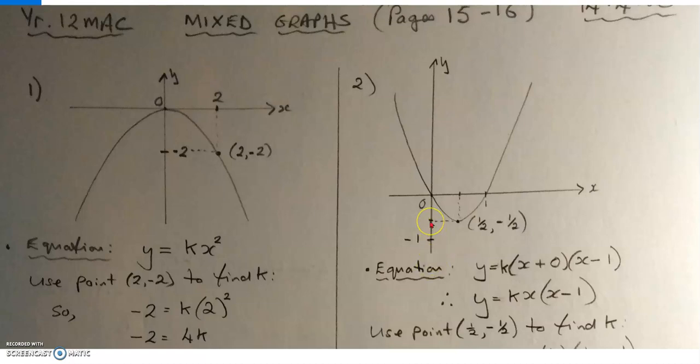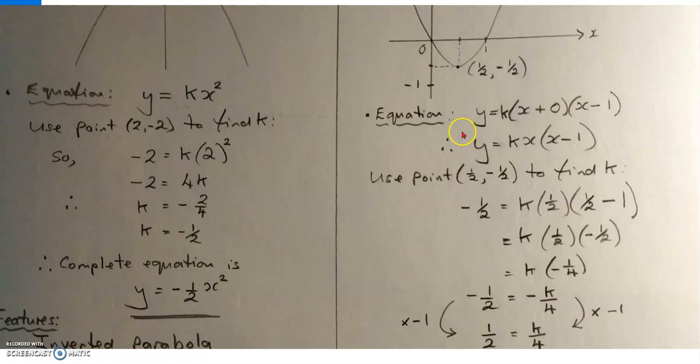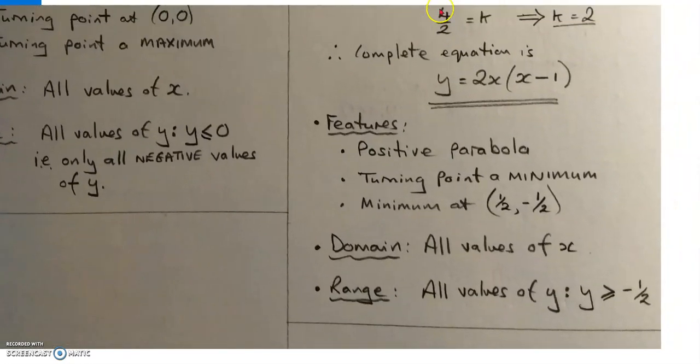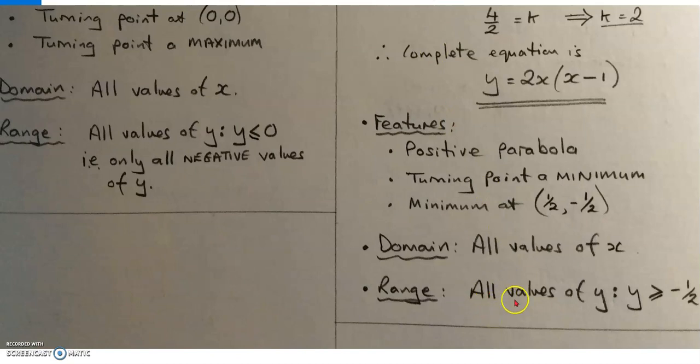Okay, the graph only starts above -0.5 for the y value, so that the range can be written like this. Here it is valid for all values of y such that y is greater than or equal to -0.5.